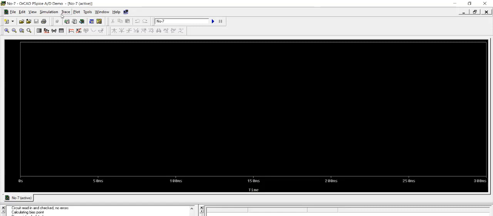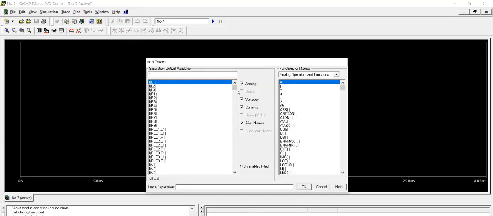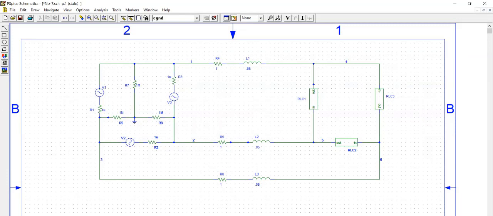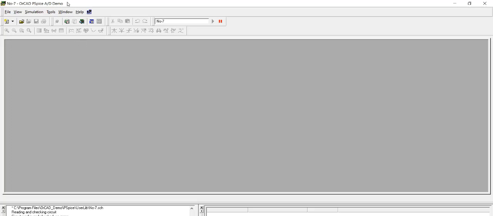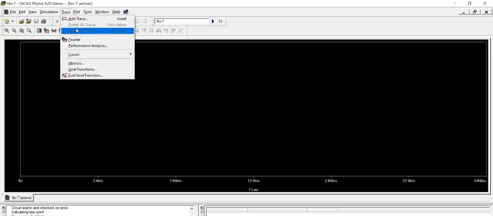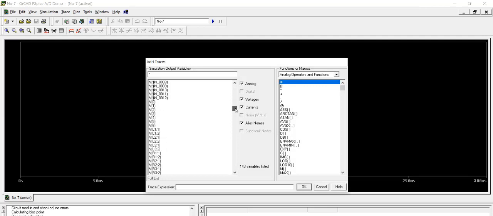So go to trace, add trace, and if we select voltage number 1 minus voltage 2, this is our line voltage.